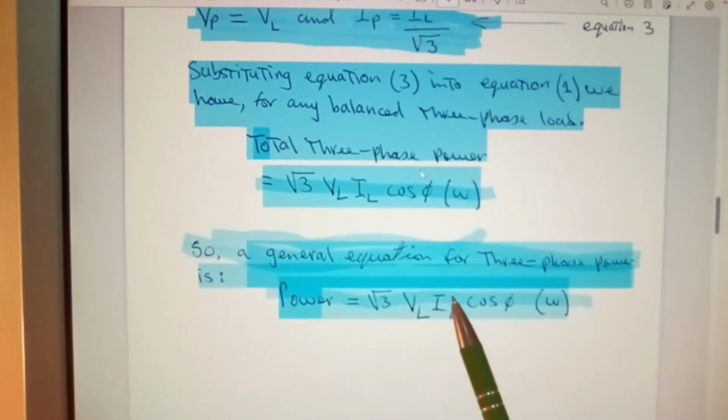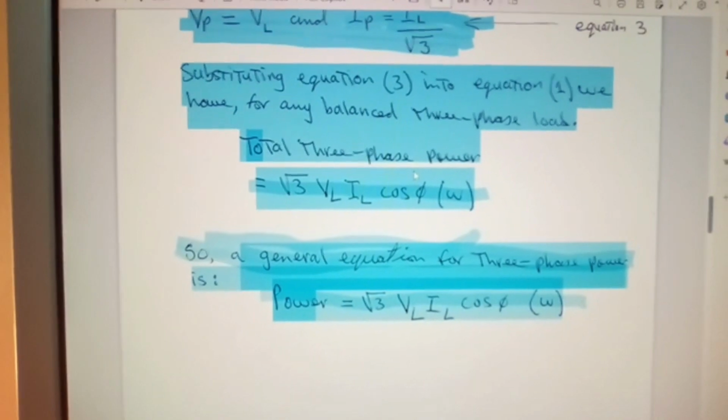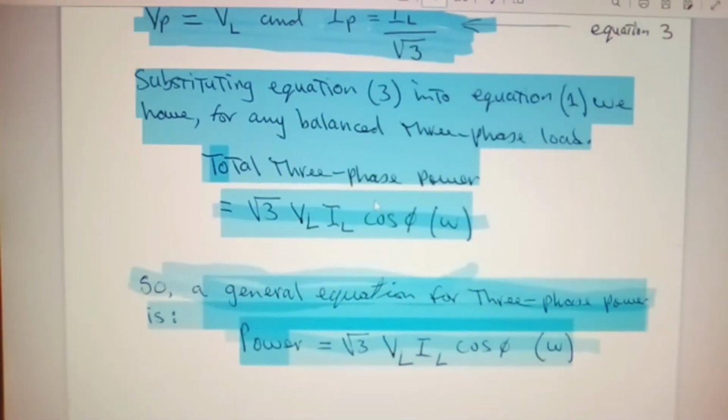So a general equation for three-phase power is power equals square root of 3 VL IL cos phi. Okay, that is all.